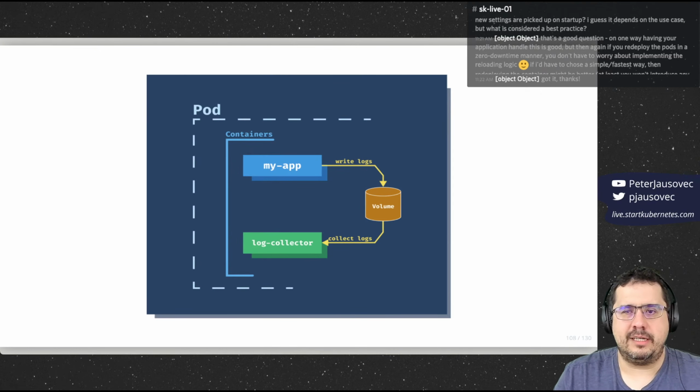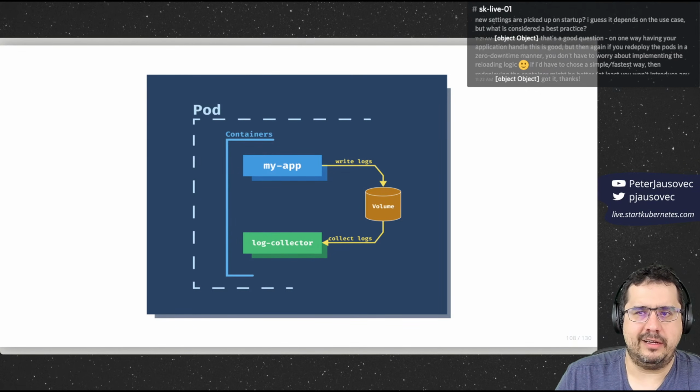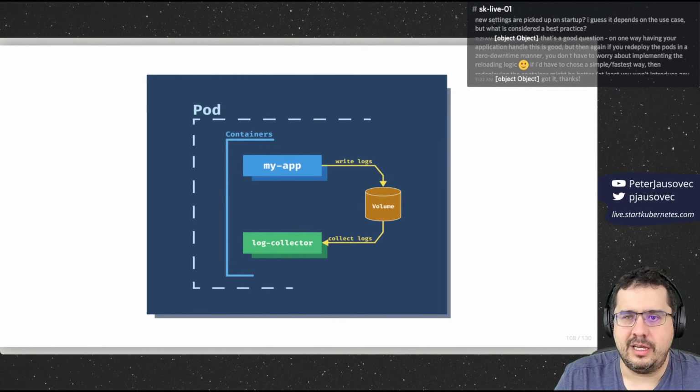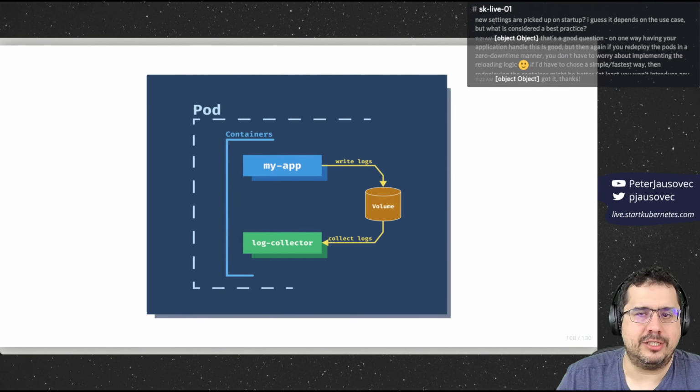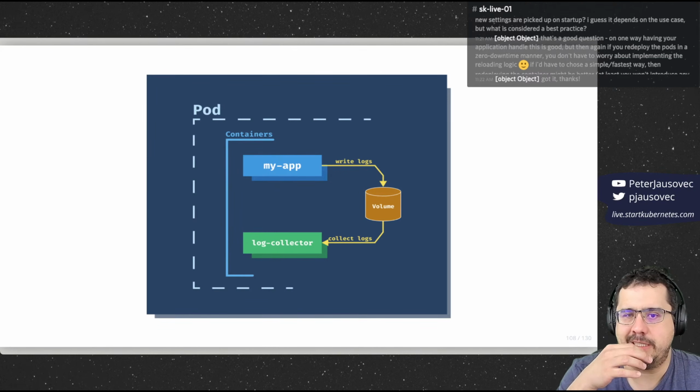A little bit of a simpler idea might be to have a Sidecar container called log collector, for example, that collects and stores the application container's logs. That way, as an application developer, you don't need to worry about collecting and storing your logs. You only need to write your logs to a location, a volume that's shared between the containers.